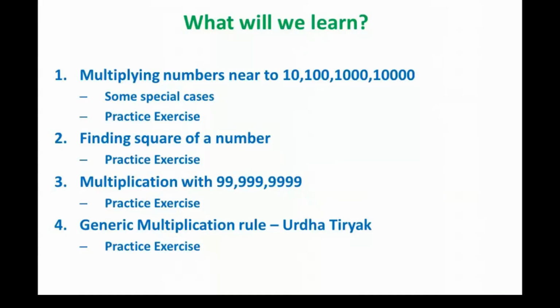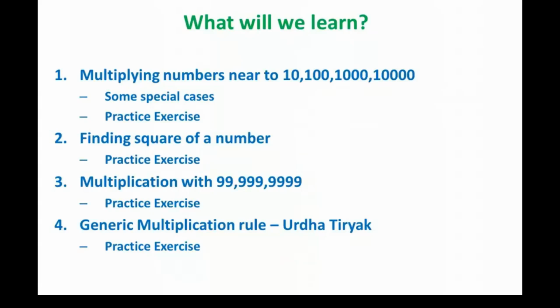Along with that we are going to look at some special cases, and I am going to demonstrate how easy it is to multiply very high numbers within a few seconds. And I'm going to explain how this technique works, what is the logic behind it, so that you can also develop your own techniques and formulas to solve problems.